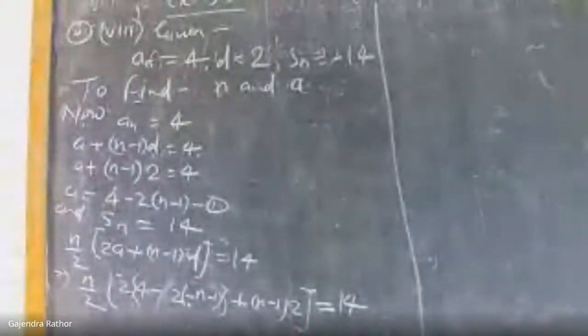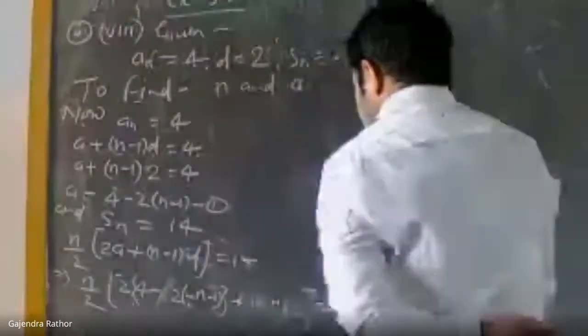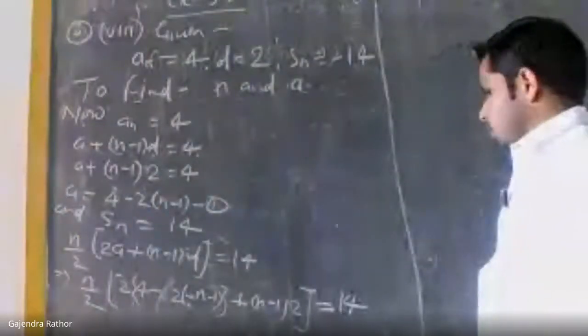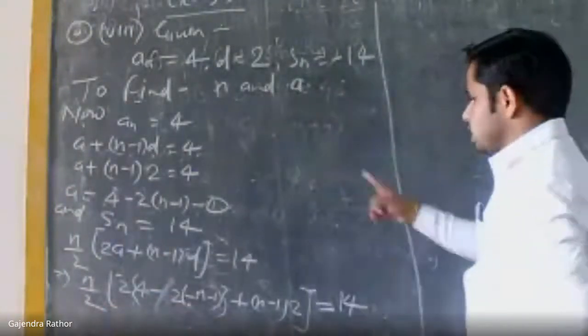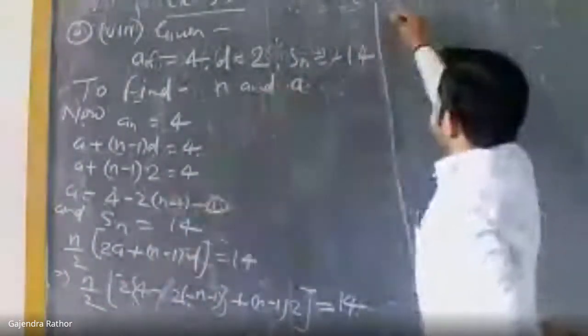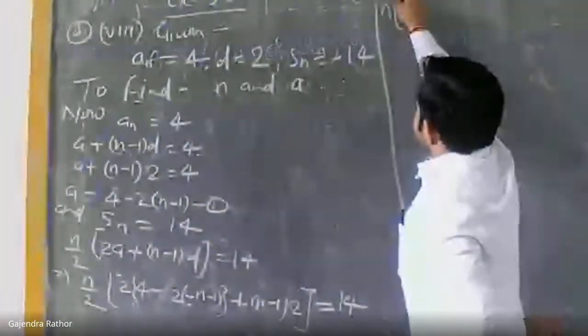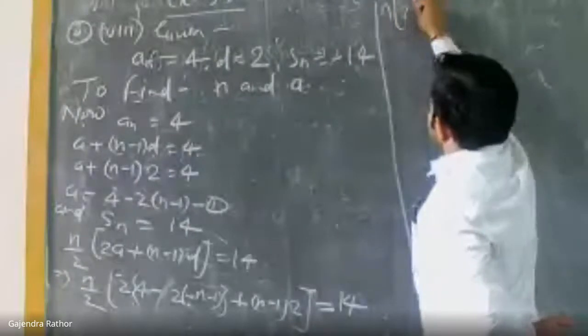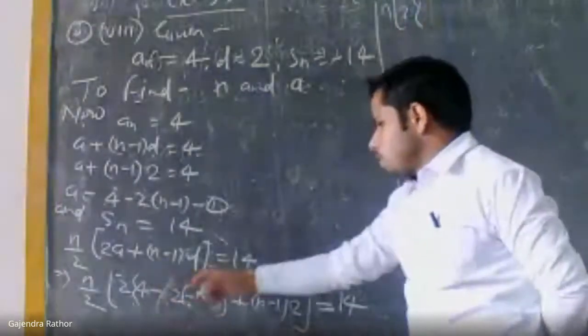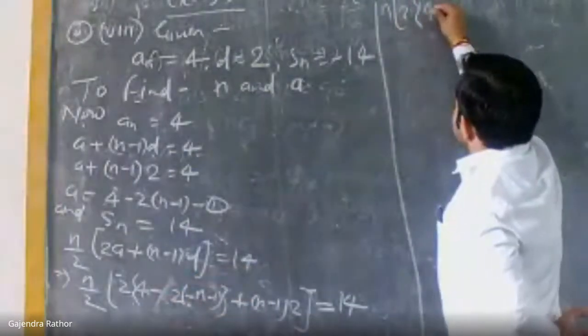Okay. Continue and simplify these values one by one. First, transpose 2 to the RHS, remaining only n into the bracket.